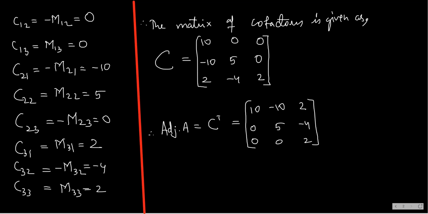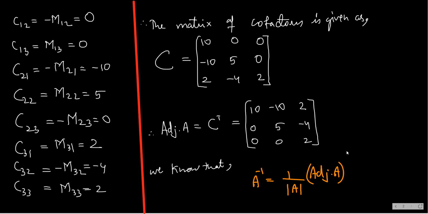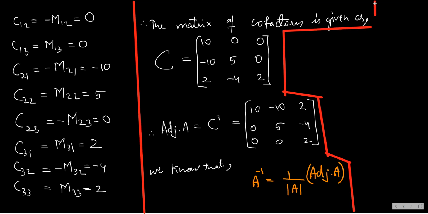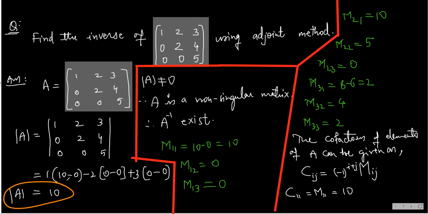Okay. Now, we have to get the inverse. What is the formula? We know that A inverse is 1 upon determinant A into adjoint of A. Therefore, A inverse is 1 upon 10, since the determinant of A we got was 10.